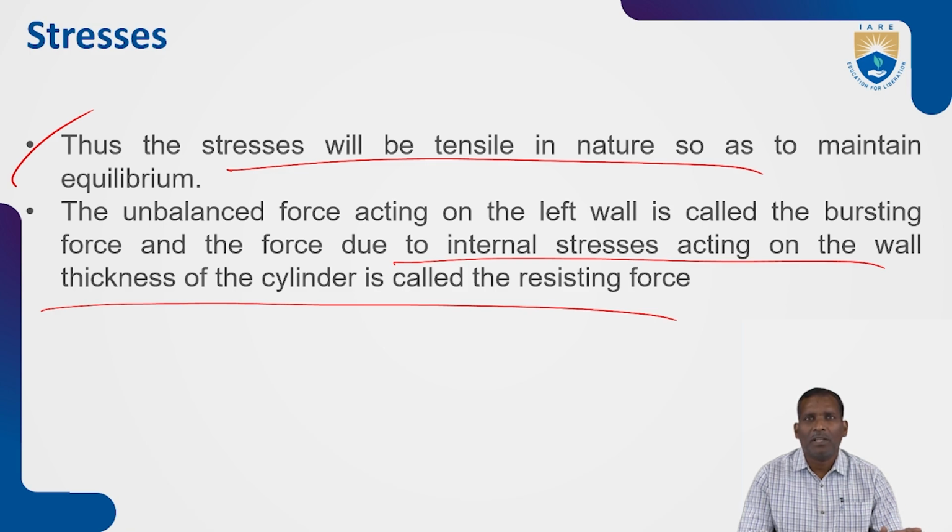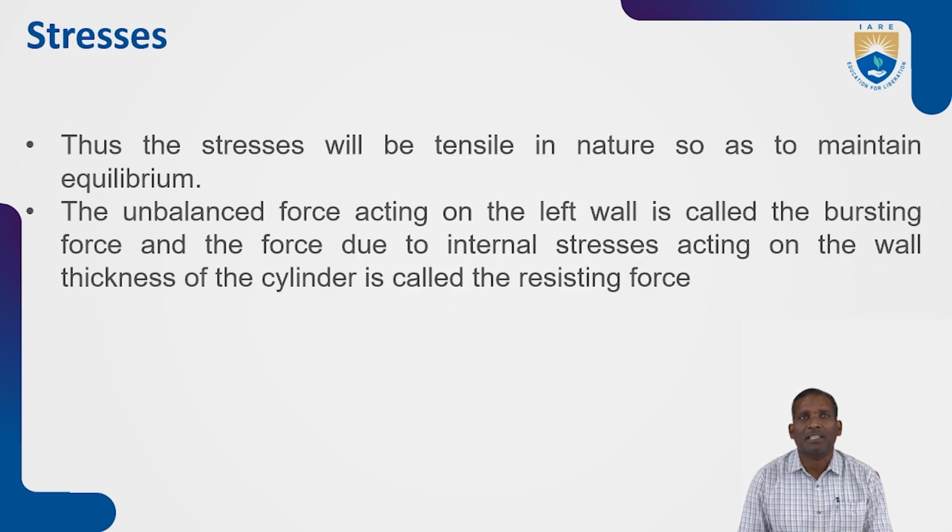So whatever the unbalanced force acting on the left wall is called the bursting force, and the force due to internal stresses acting on the wall thickness of the cylinder is called the resisting force.